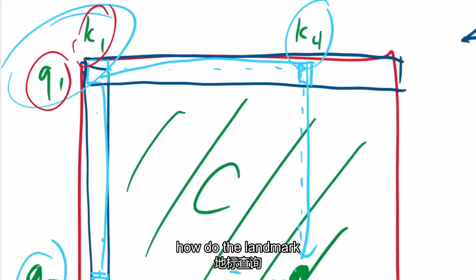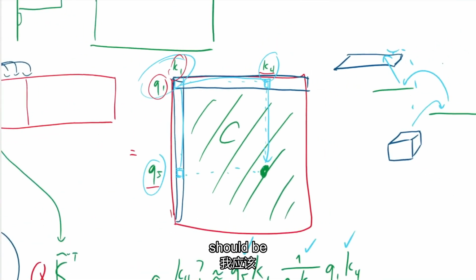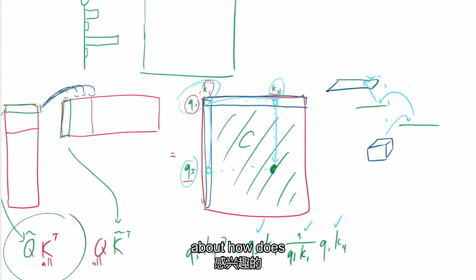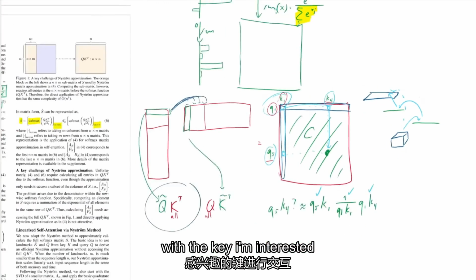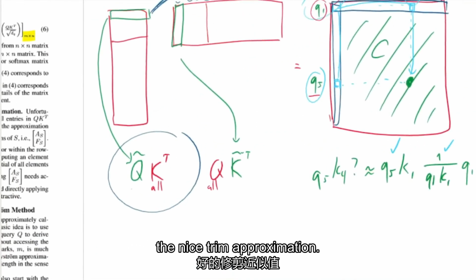And then I check how the landmark queries interact with the key that I'm interested in. And from that, I should be able to determine about how the query I'm interested in interacts with the key I'm interested in. And that now is the Nyström approximation.